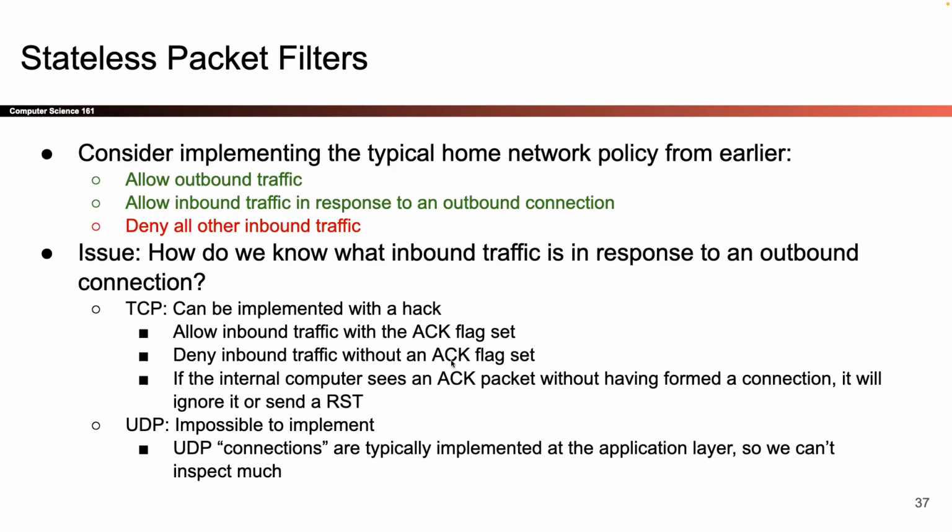Maybe if the ACK flag is not set, like if someone on the outside is trying to connect to the inside, what would they send? They would send a SYN packet with no ACK flag. You would see that and say, nope, I'm not allowing inbound connections that are brand new. So I see that there's a SYN flag, there's no ACK flag. I will deny this. So that's a possibility. With UDP, it's a little bit harder because UDP doesn't have the notion of ACK.